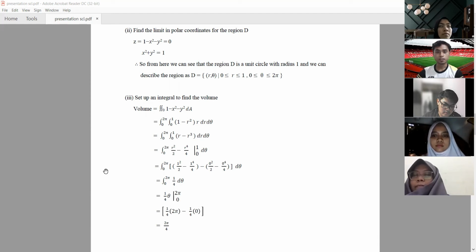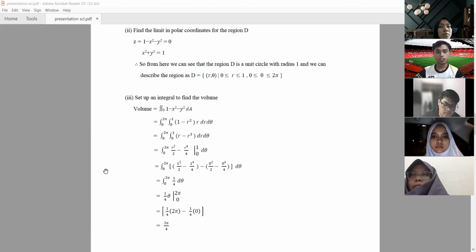We do the inner part, the integration of r minus r cubed with respect to dr, with lower limit 0 and upper limit 1.